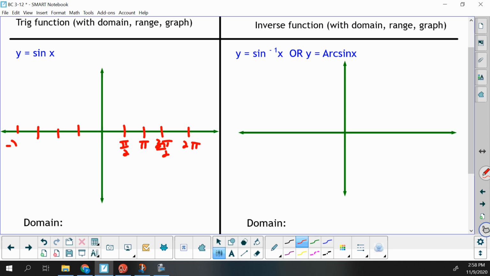And similar idea over here. That goes all the way to negative 2 pi. And we got negative 1 down here and 1. Sine starts at 0. And we will continue that pattern backwards.